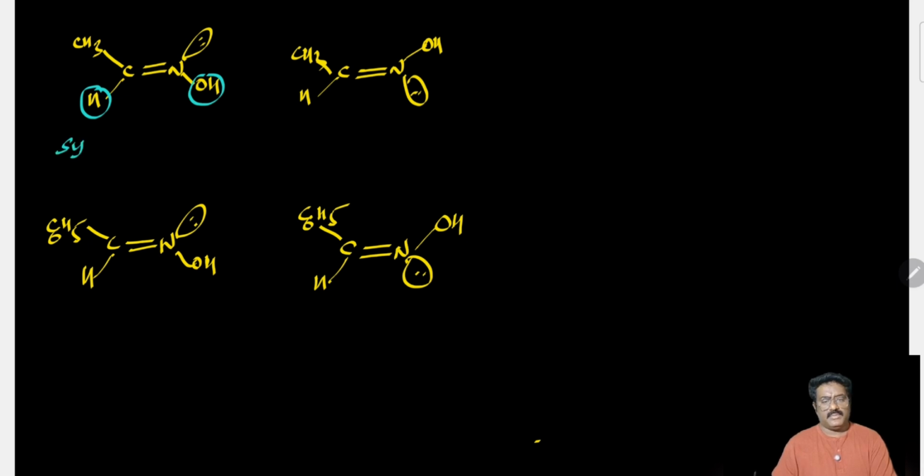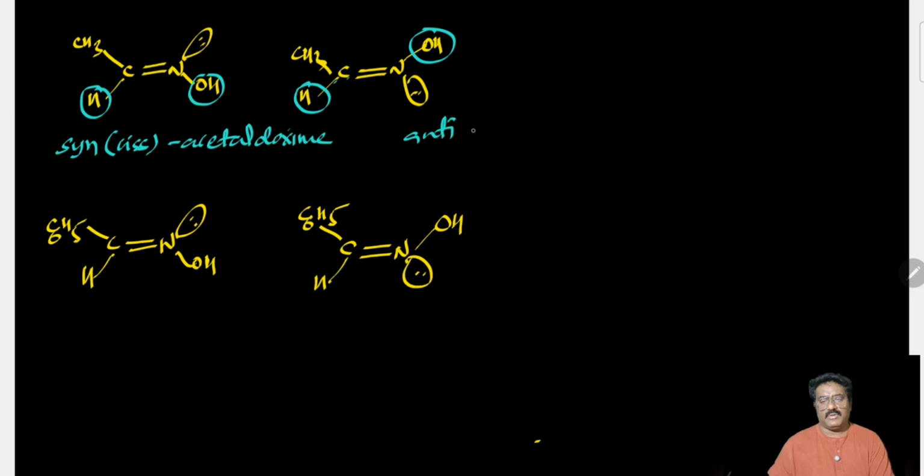Syn is nothing but cis. It is acetaldoxime. Look at this compound: carbon double bonded with nitrogen, hydrogen and OH on the opposite side, that is anti, nothing but trans acetaldoxime.